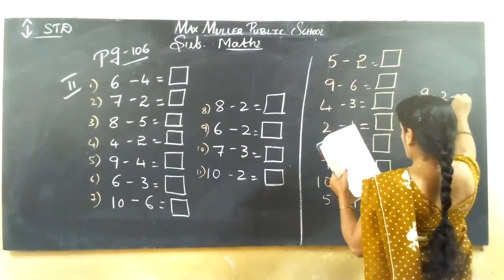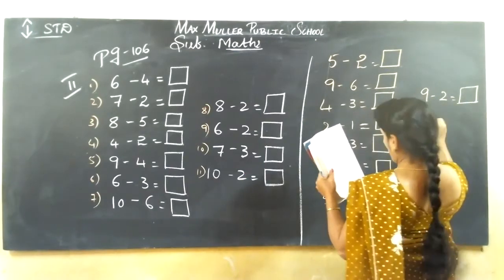Here also no place, that's why I'm writing these two sums beside.